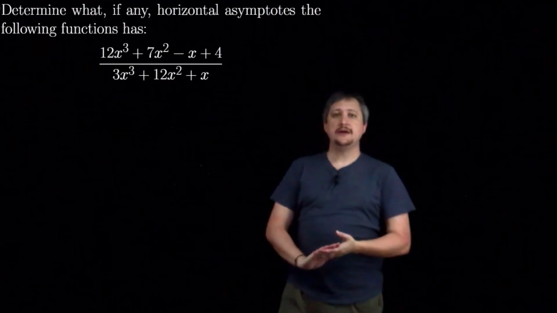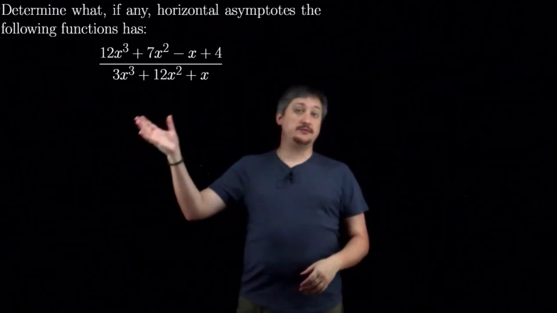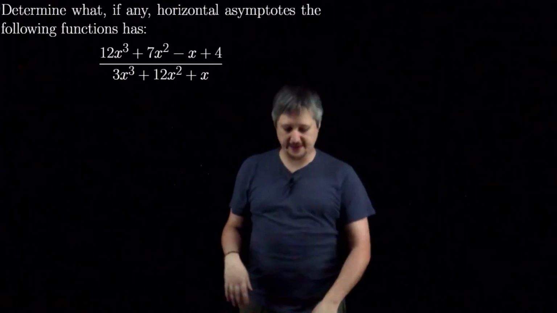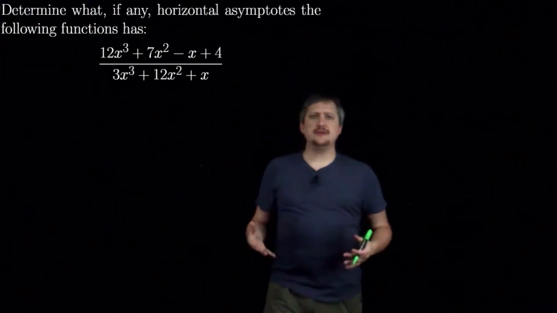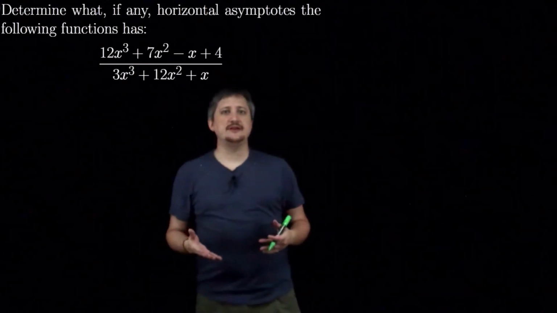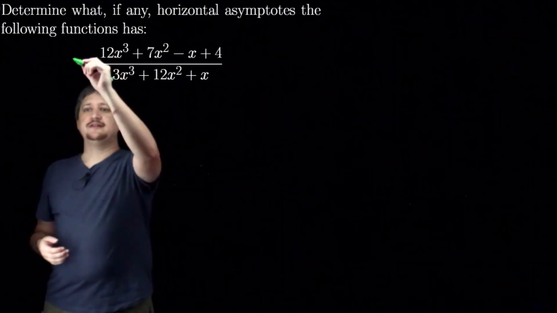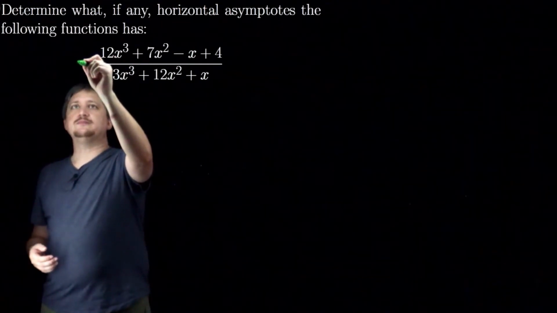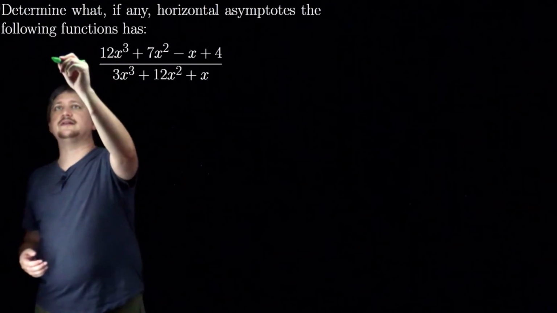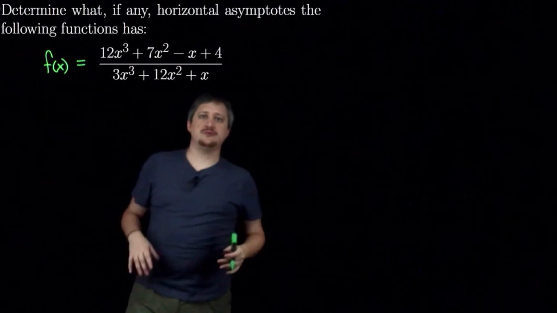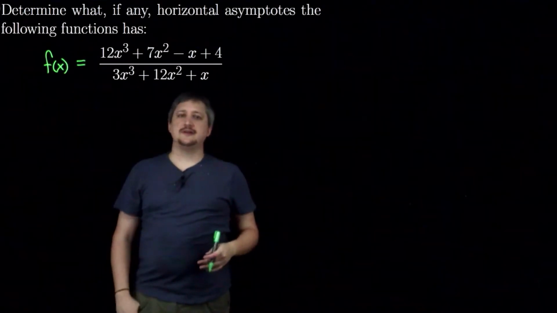Hello. In this video, we're going to be determining what, if any, horizontal asymptotes this function has. A standard first step that I'm going to do is take this whole expression and call it f of x, for the sake of writing things out nicely and succinctly.